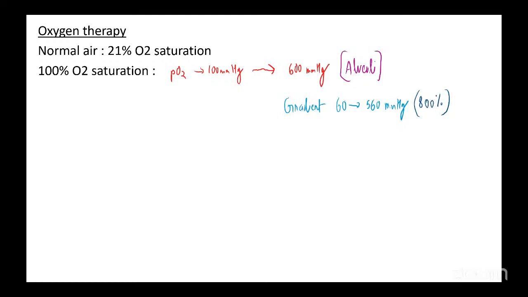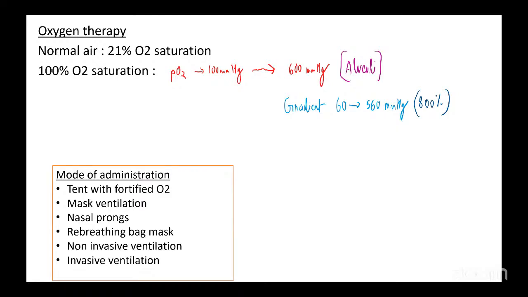Because of that, the gradient between the alveoli and the artery, instead of 60, which was 100 and 40, will go to around 560 millimeters, around an 800% increase in the gradient.